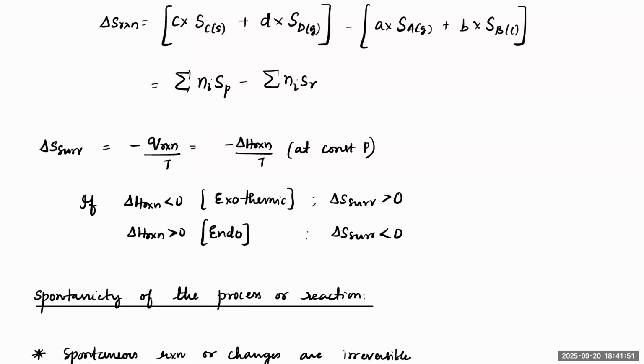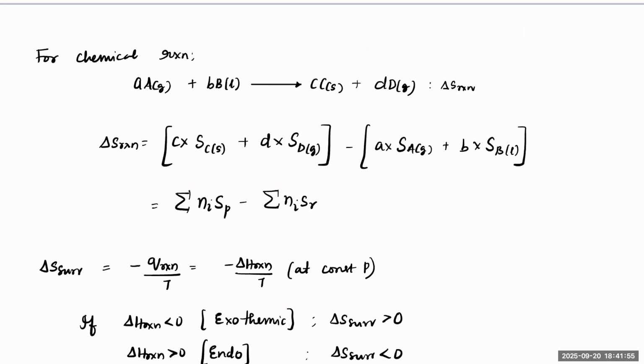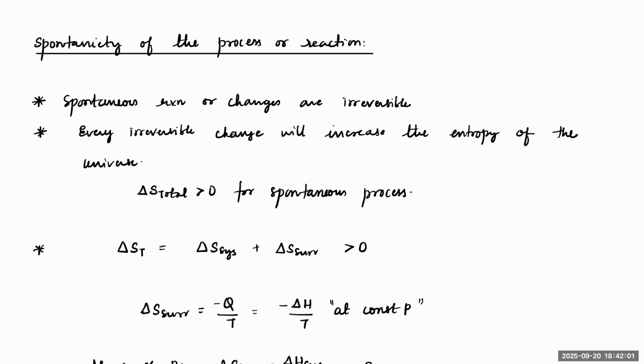Now, before going further into the details of more reaction based entropy calculations, let me introduce one more important term, that is spontaneity of the process or the chemical reaction. Whenever we talk about a spontaneous reaction or any changes that occur spontaneously, we learn that they are all irreversible.